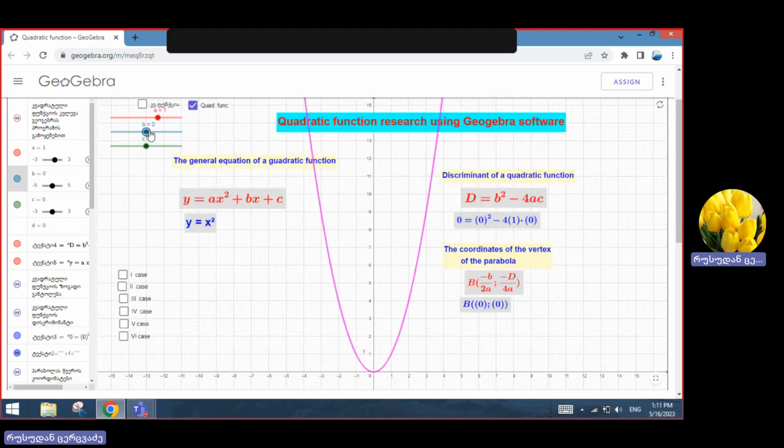So it turns out the coefficient B shows on which side of the y-axis the vertex of the parabola is located.